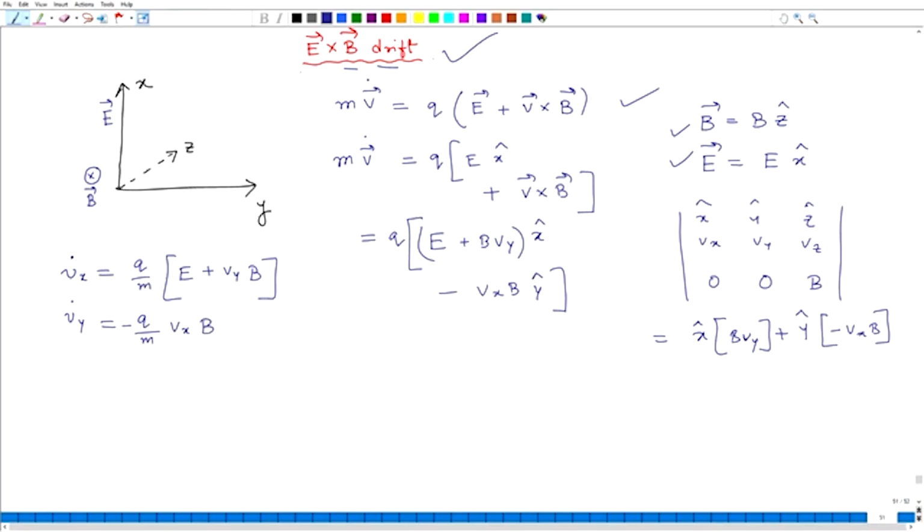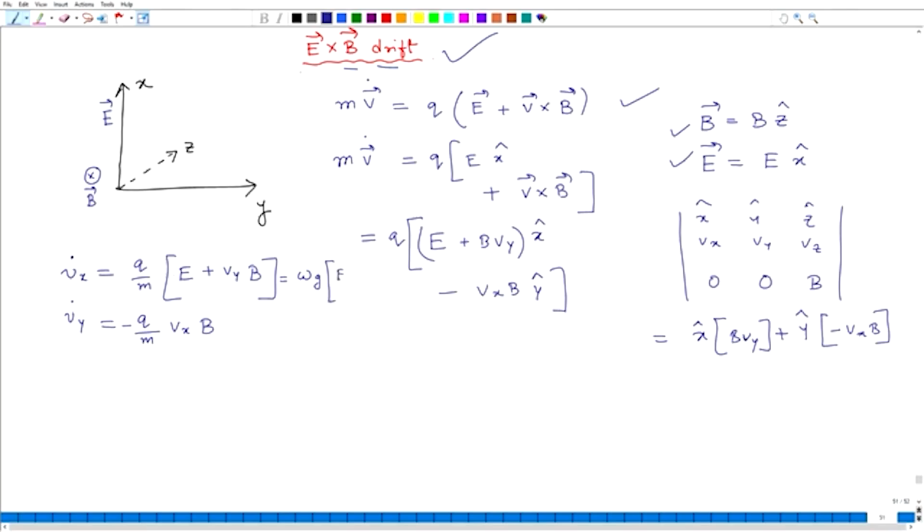Again I can take omega g using this expression, q B by m, and I can simply write this as nothing but omega g. For that I have to take B outside.